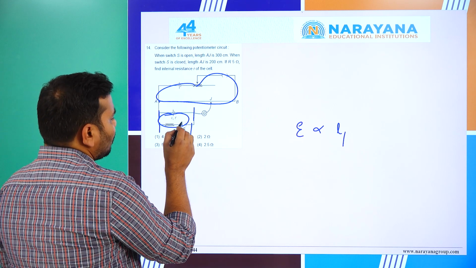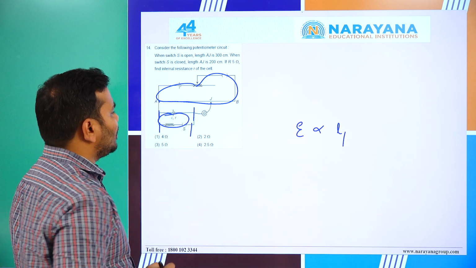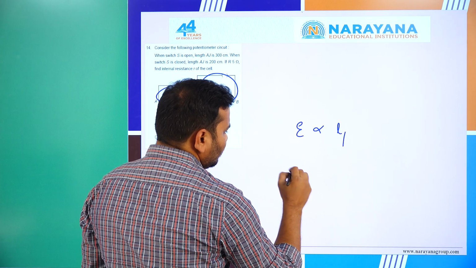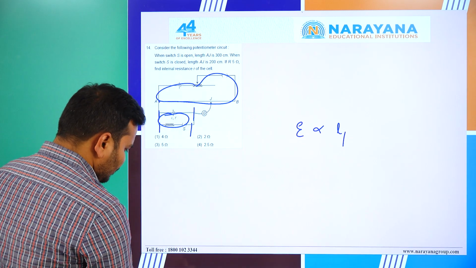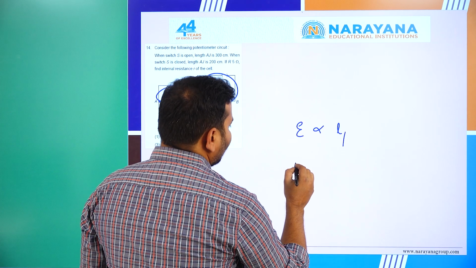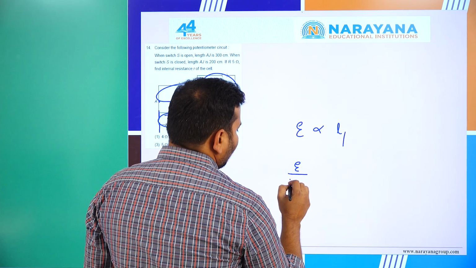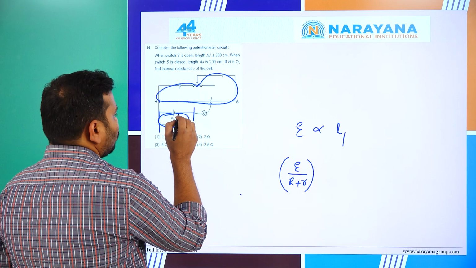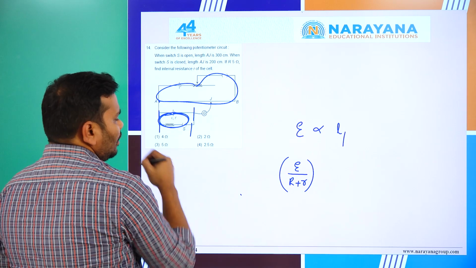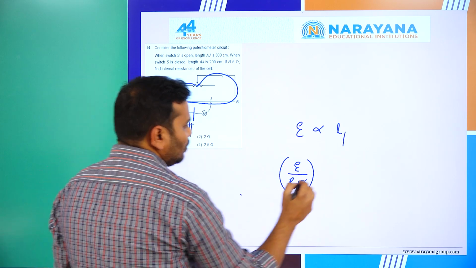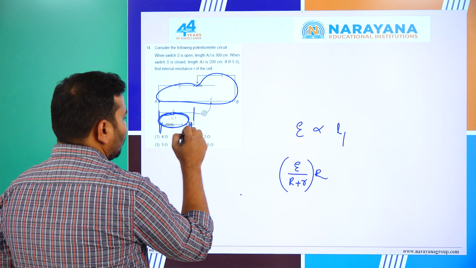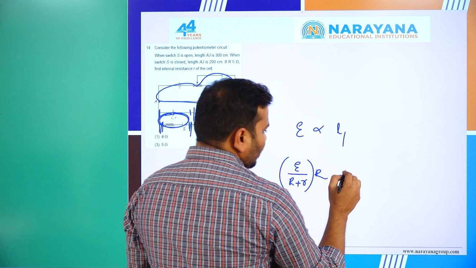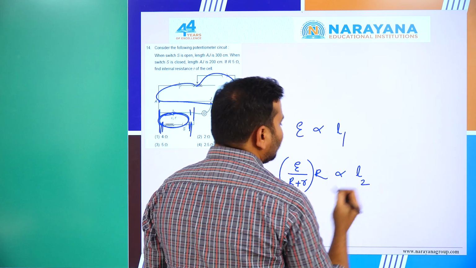The potential difference across this resistor, or terminal potential difference across the battery, I can write as the current, E by capital R plus small r, multiplied by the resistance, capital R. That is again directly proportional to the balancing length, that is L2.